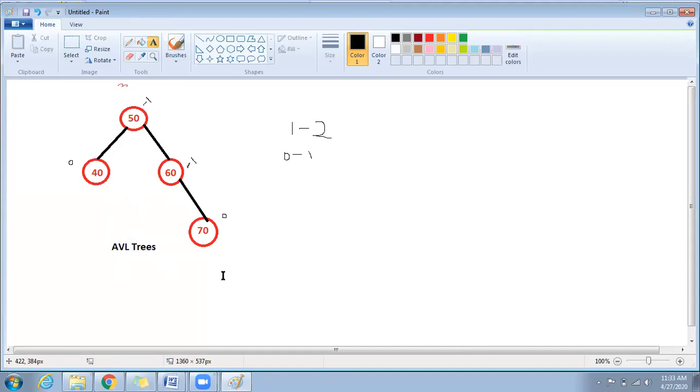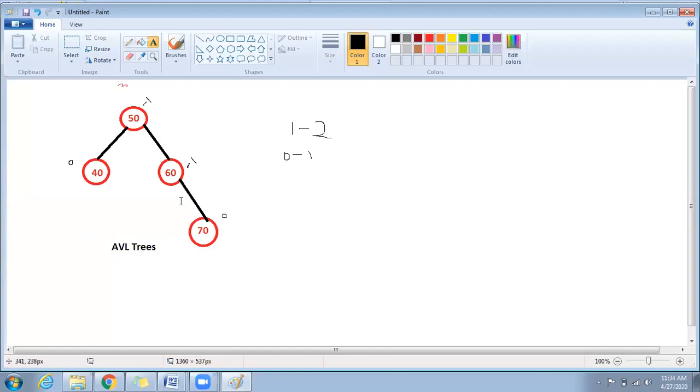That is, the height should not be more than one level. One level of height difference can be accepted, but it cannot go beyond that.